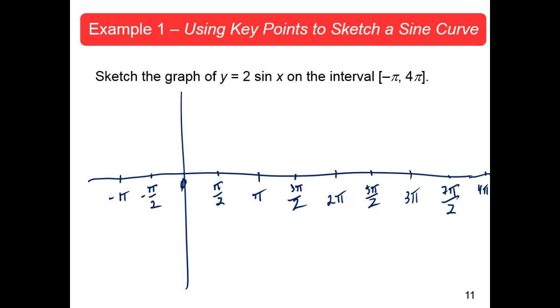What does sine usually go between on the vertical? Negative 1 to 1. Well, what we're going to do is multiply that by 2, so this is actually going from negative 2 to 2. So that's what I'm going to do, my vertical scales. We'll do 1, 2, negative 1, negative 2.